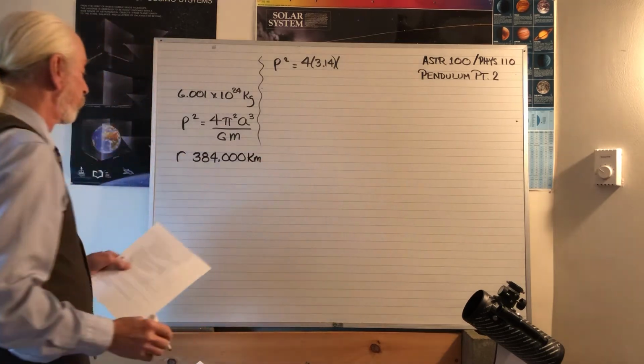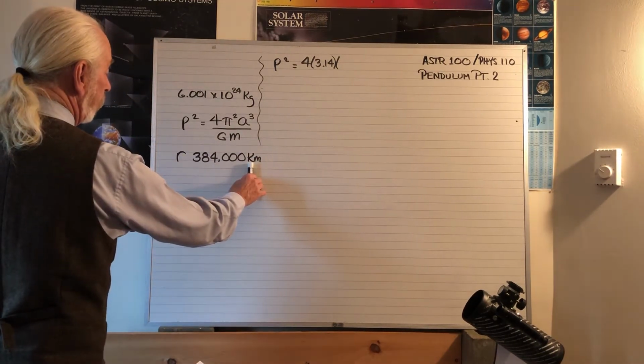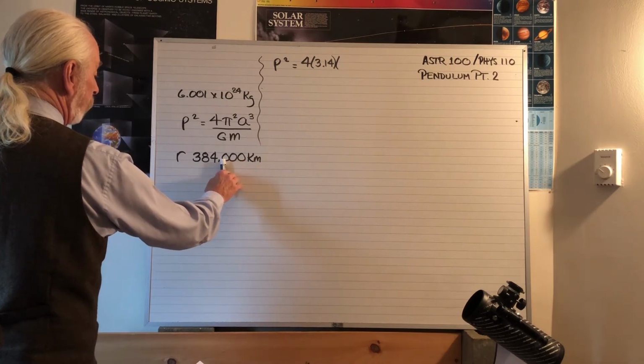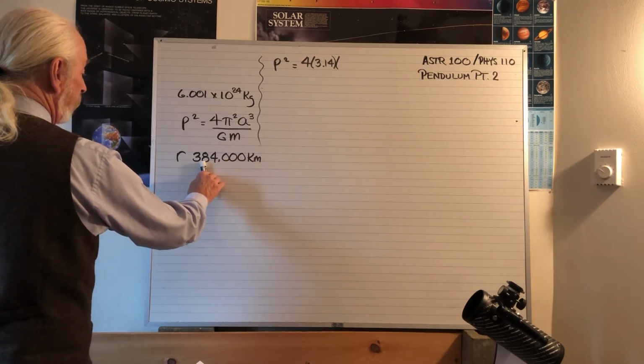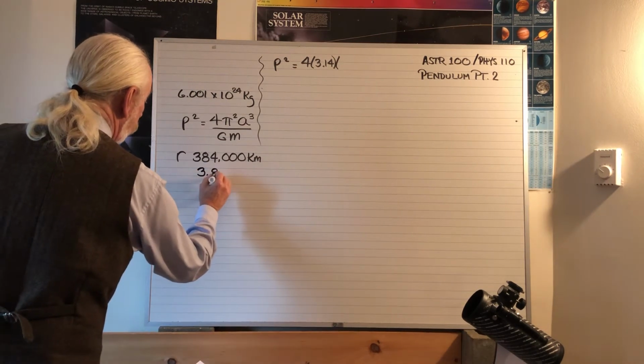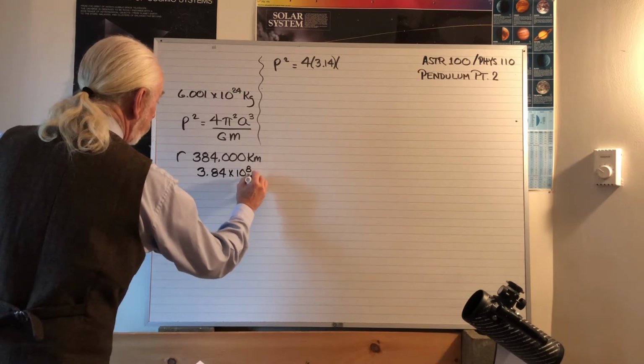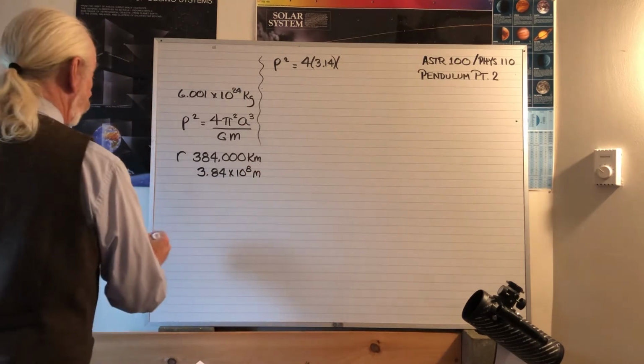And we'll turn that into scientific notation in meters. So kilo is 10 to the third, and then we're going to go 1, 2, 3, 4, 5 to the left. That's going to make it 3.84 times 10 to the 8th meters. All right, so that's our orbital radius.